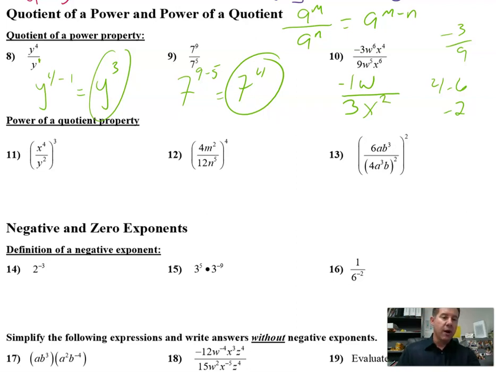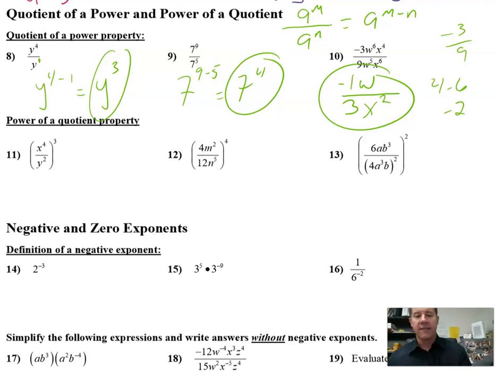Or because there's more x's on the bottom, when I do 6 minus 4, the answer has to go on the bottom. This might make a little more sense. We're starting to play around with negative exponents a little bit, leading into that. So after we get through 14, 15, 16 down below, this might make more sense. But you could write your answer as negative w over 3x squared or negative 1w over 3x squared.